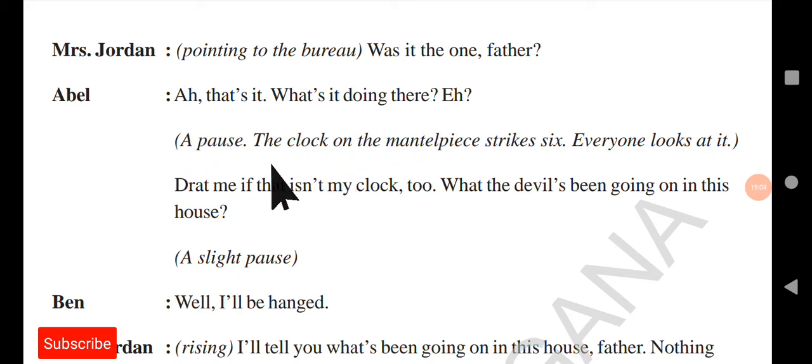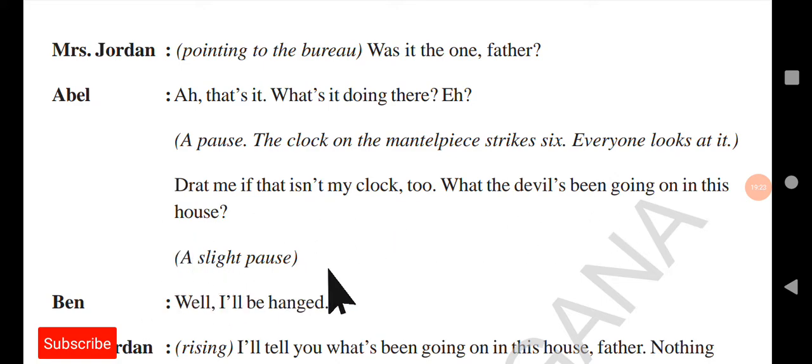A pause. The clock on the mantelpiece strikes 6. Everyone looks at it. Okay, so it just rings. Abel says, "Drat me if that isn't my clock too. What the devil's been going on in this house?"